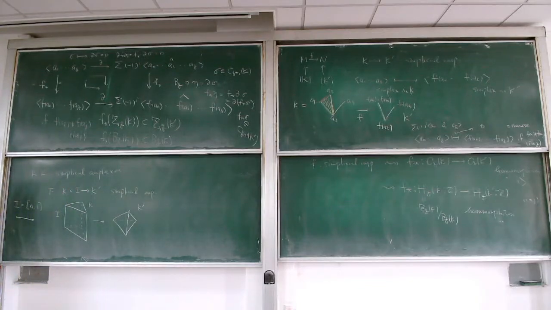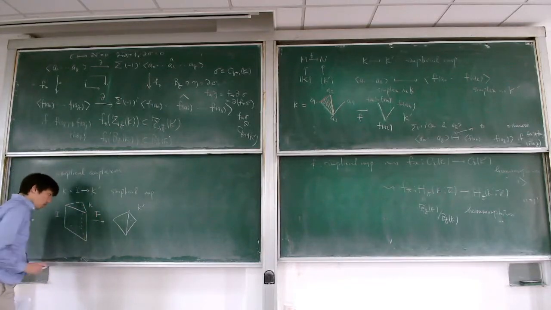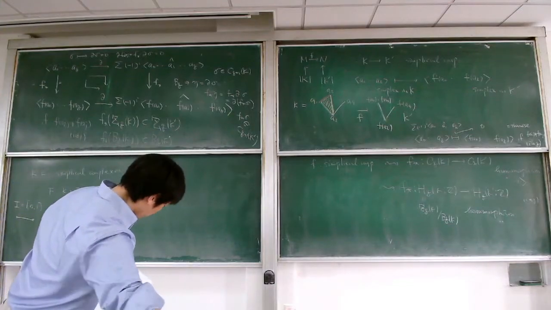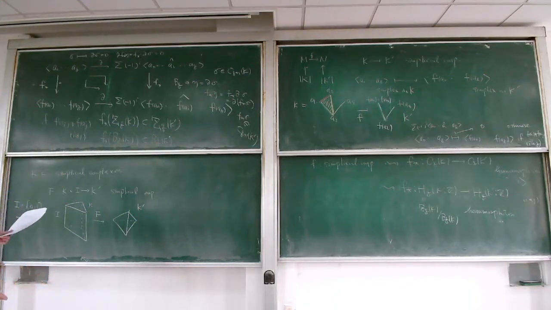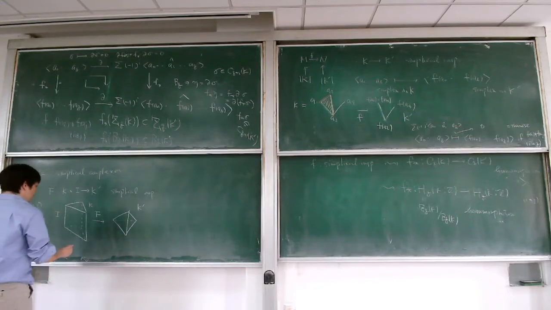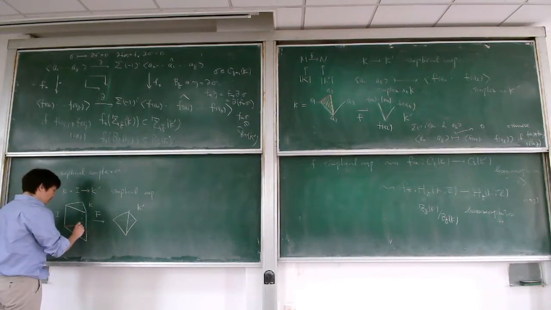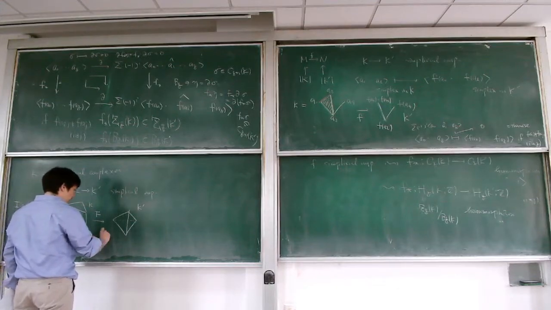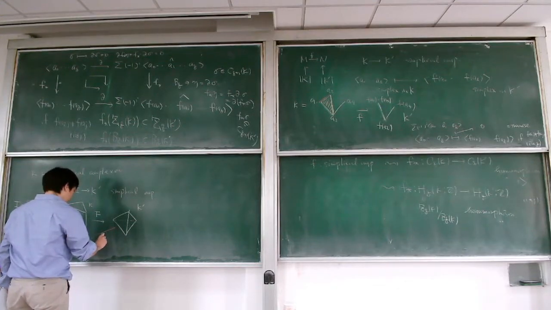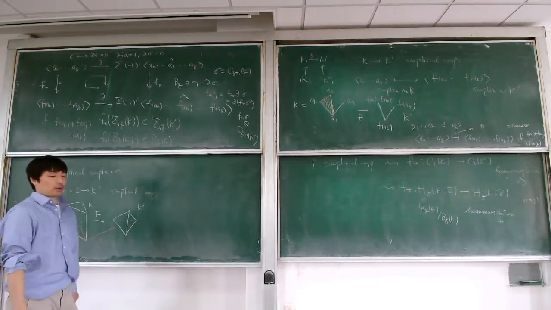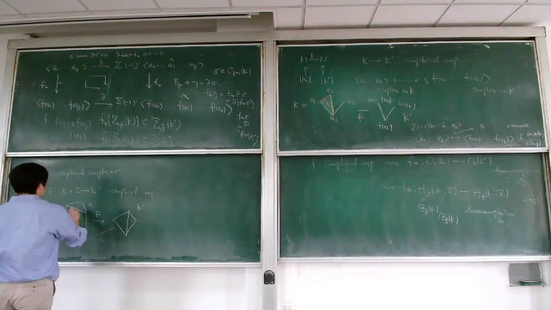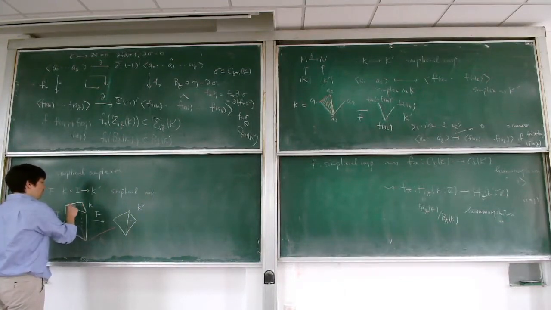So this is capital F, and you just restrict yourself. Let's consider F1 and F0 as maps. Restricting to the bottom gives F0, and restricting to the top gives F1.